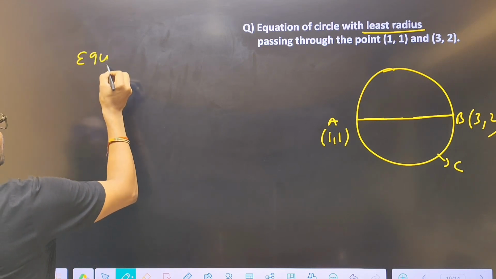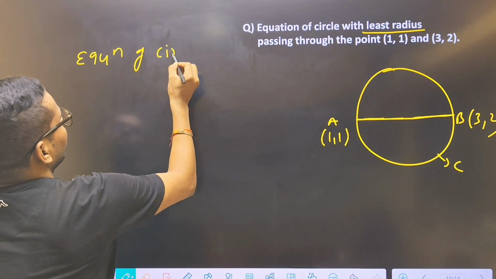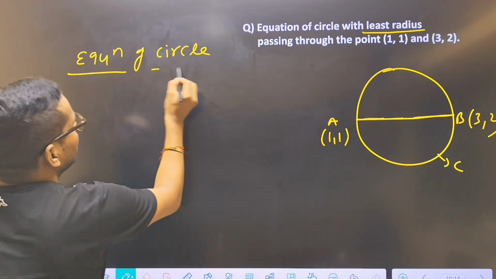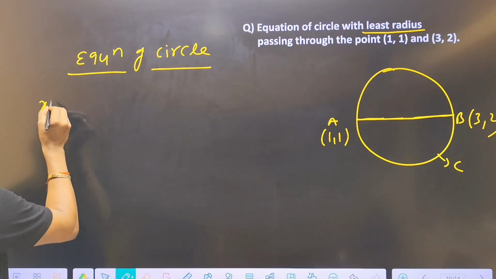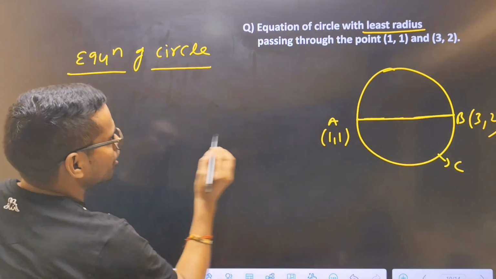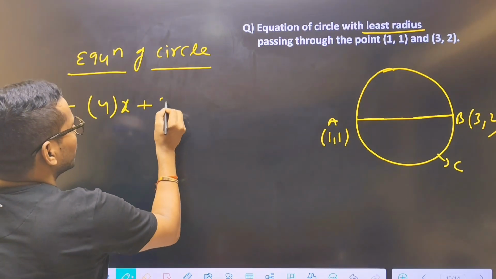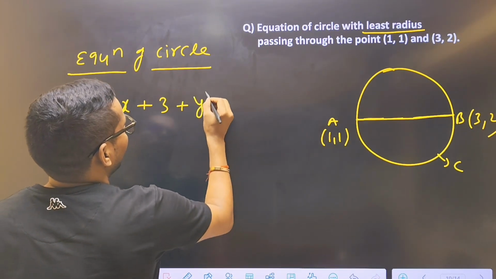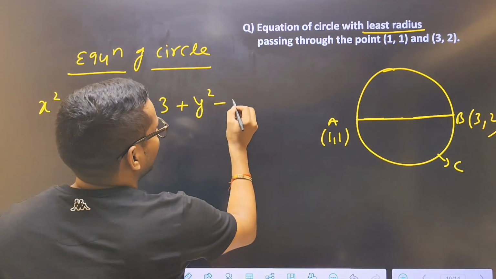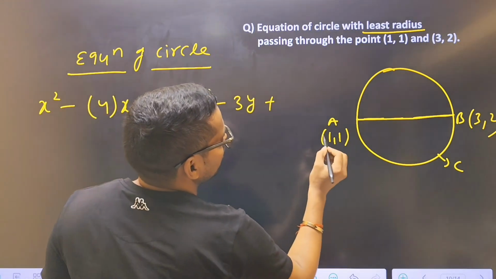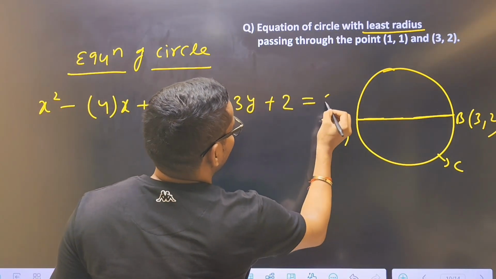Now write the equation of the circle: x² - (x1 + x2)x + x1x2, that is x² - 4x + 3, plus y² - (y1 + y2)y + y1y2, that is y² - 3y + 2, equal to 0.